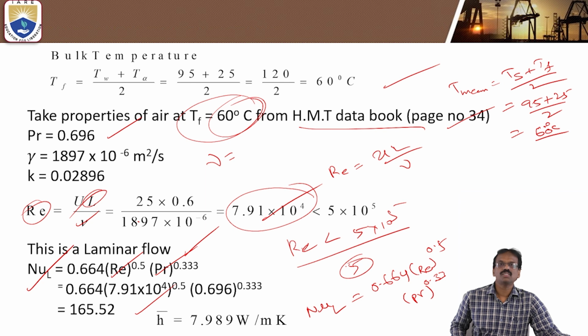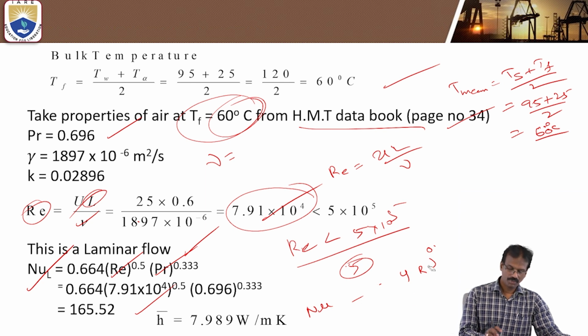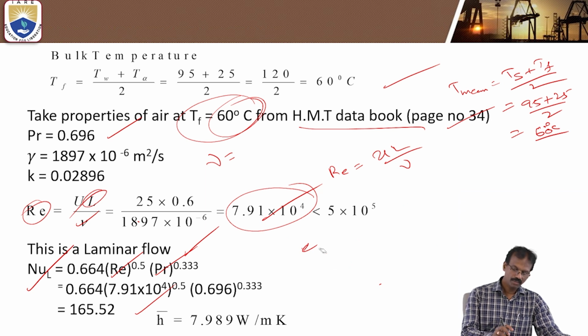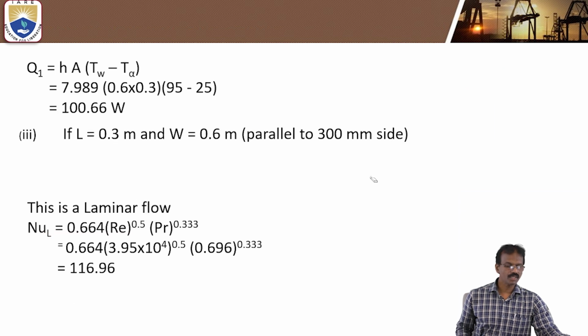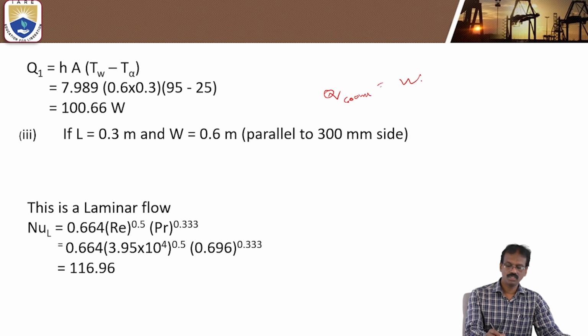Then by using this, you can find out the h value, because you know that Nusselt is equal to hL by k. If you know the h value, you can find out Q1. Q1 with respect to 600 mm is equal to hA into temperature difference Ts minus Tf. So this is the value.